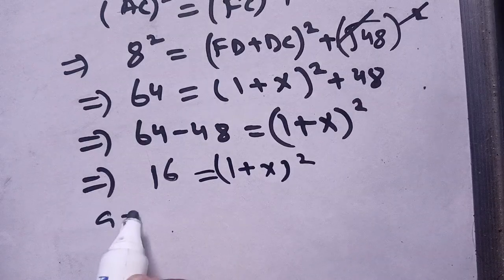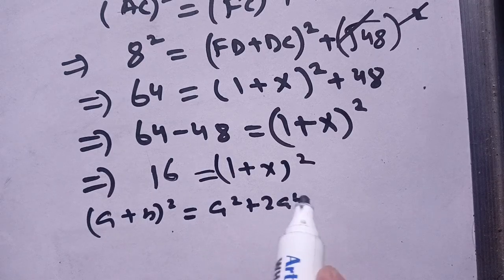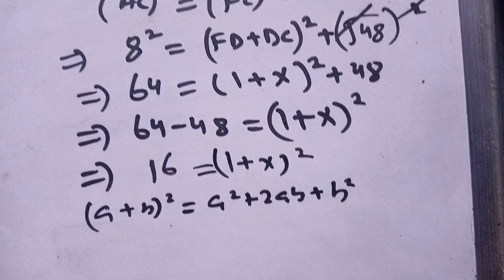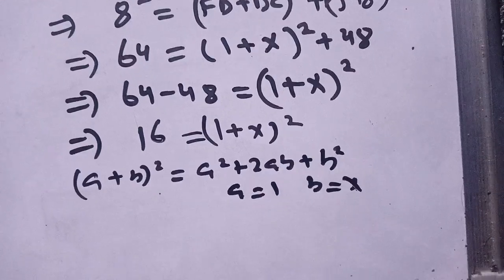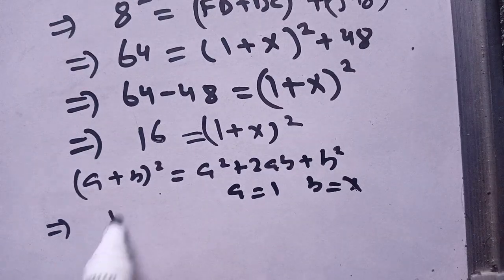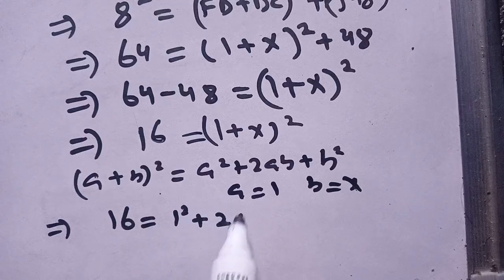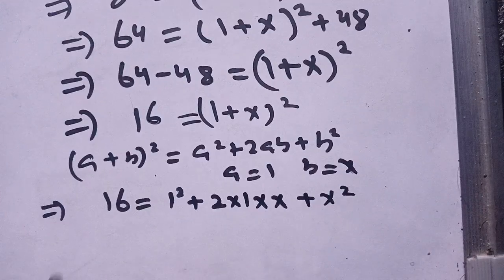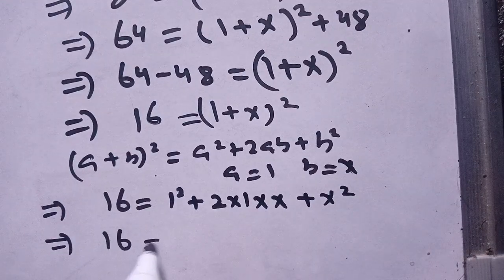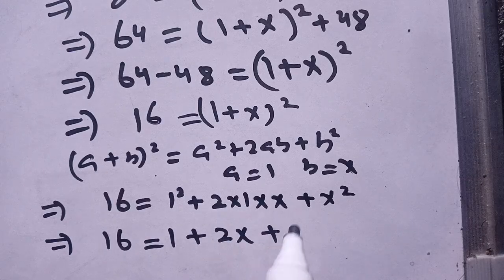Now, we know that a plus b whole square is equal to a square plus 2ab plus b square. Here a is equal to 1 and b is equal to x. Applying this identity, we get 16 is equal to 1 square plus 2 times 1 times x plus x square, which implies 16 is equal to 1 plus 2x plus x square.